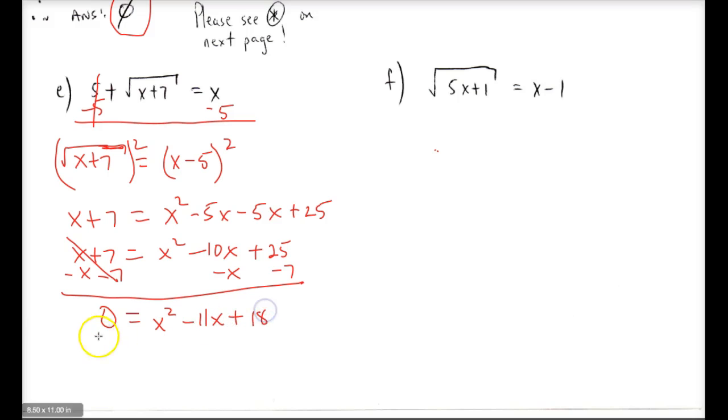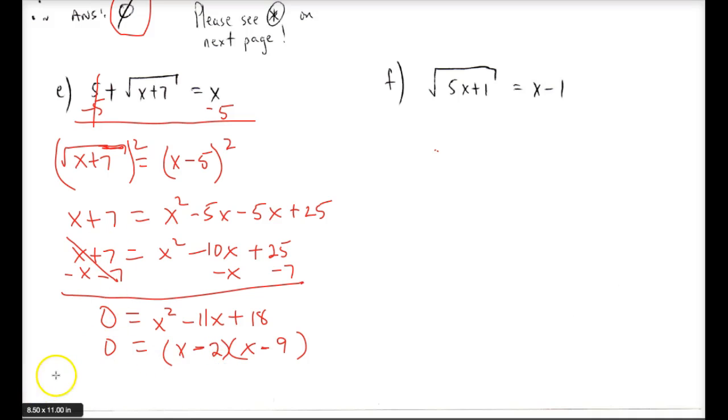plus 18. And so from here, we have to remember what we did back when we were dealing with quadratics and factoring, that here we have minus, plus, so that means we're going to factor this. It's going to be x minus, x minus. The factors of 18 that add up to be negative 11 are a negative 9 and a negative 2. So we'll just place that there.